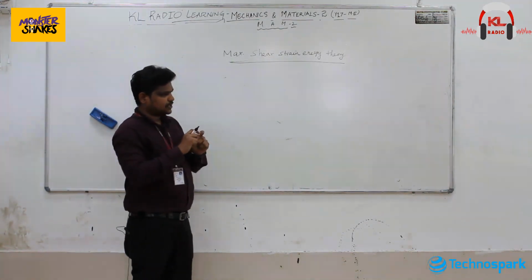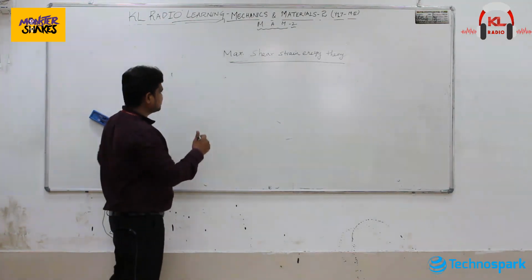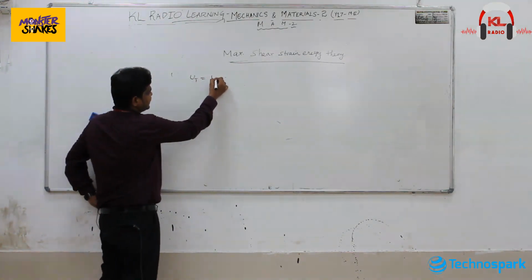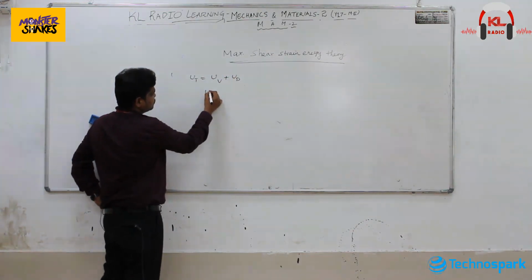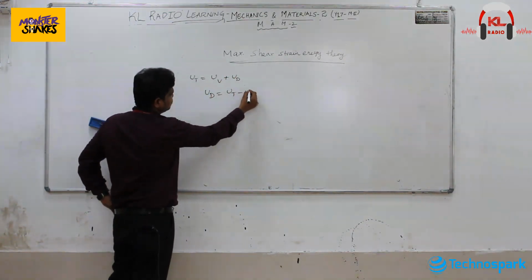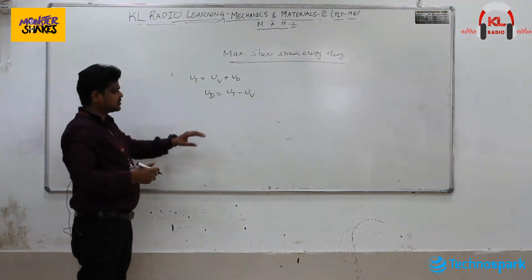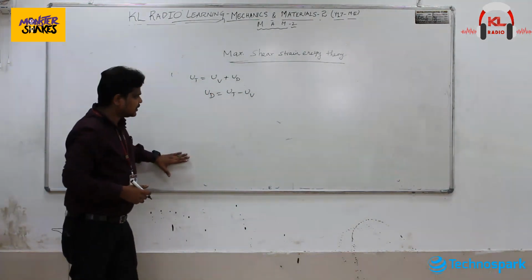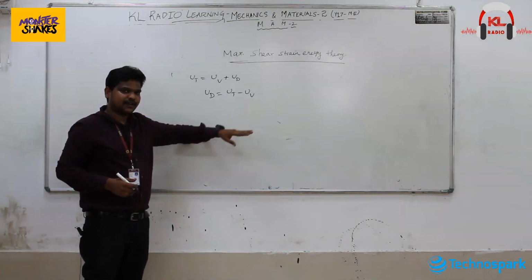So the total strain energy UT is written as UV plus UD, so UD is UT minus UV. From the total strain energy we calculated, I have shown the equation for the volumetric strain energy.